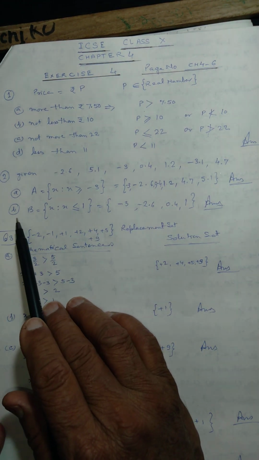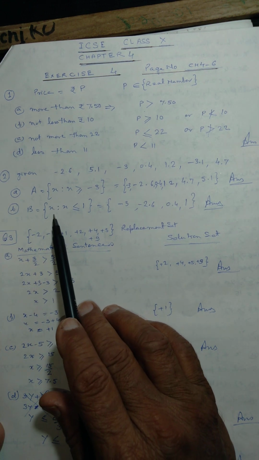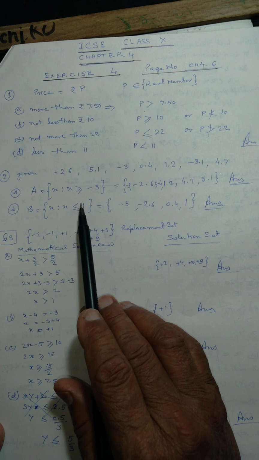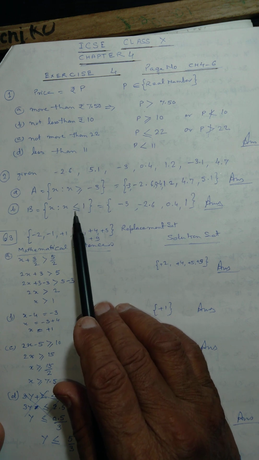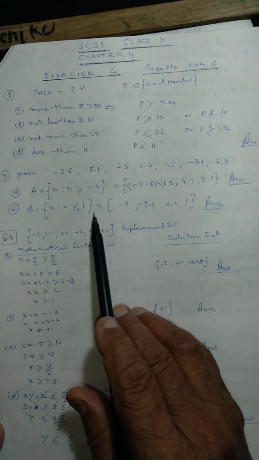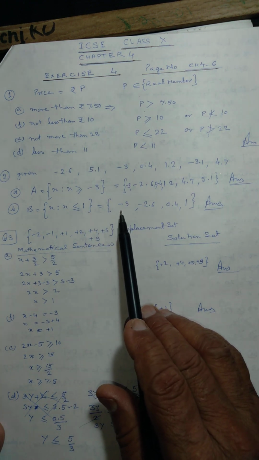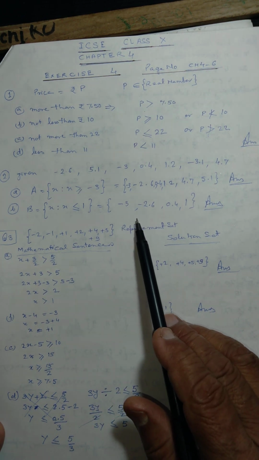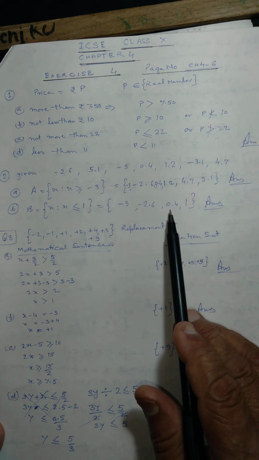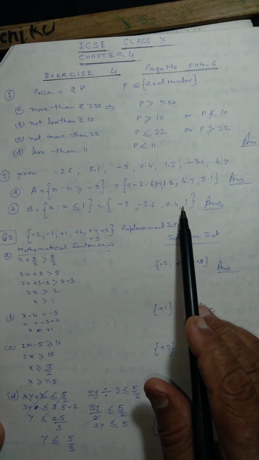Now come to the B part of question number 2, such that x is less than or equal to 1. It means we have to choose all those numbers on the number line which come to the left hand side of 1, including 1.